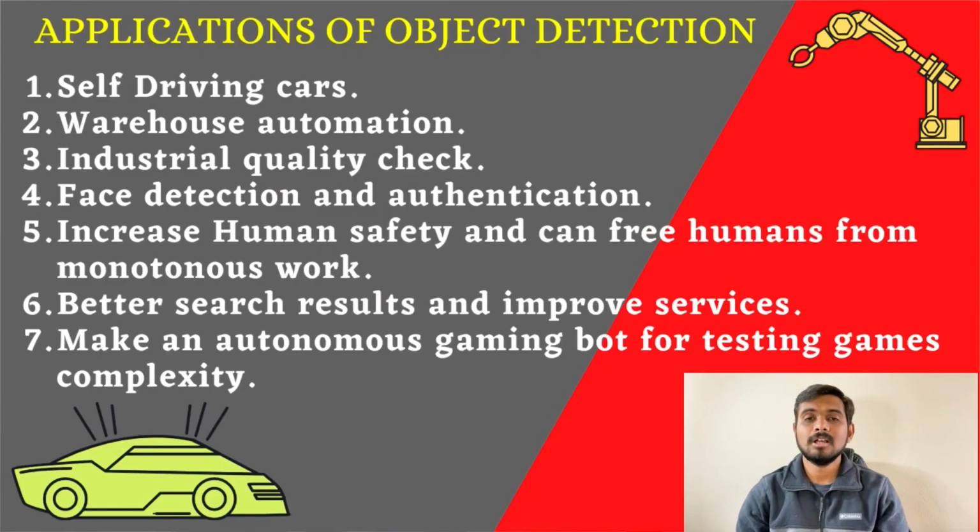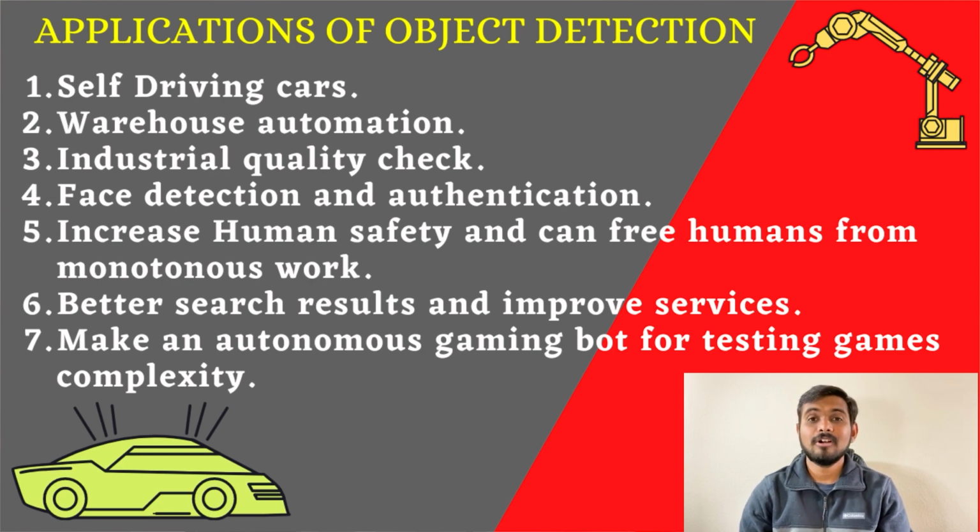Before getting into details, let's see applications of object detection. So first of all, the best application you can see is self-driving cars. Also, in warehouse automation, object detection plays a vital role. If you want to know whether your machine needs maintenance or not, that decision can be taken by object detection.